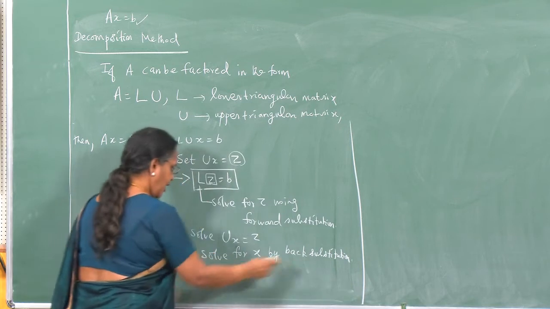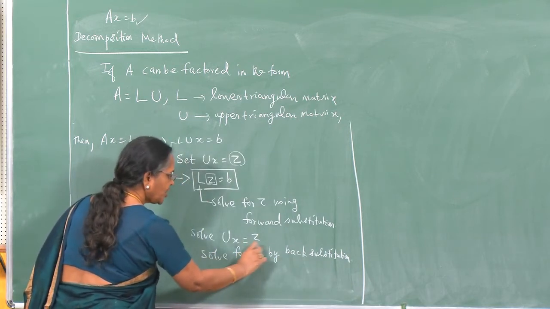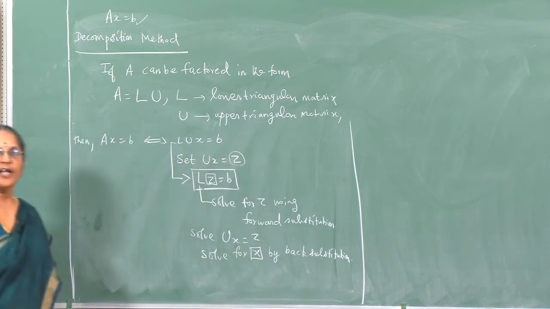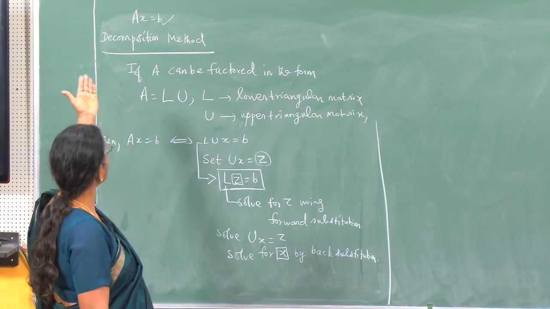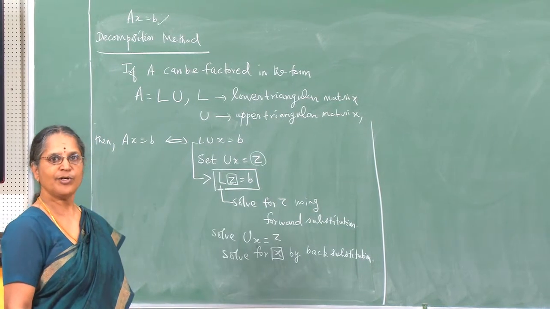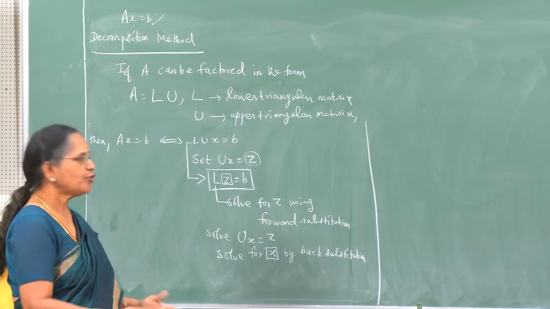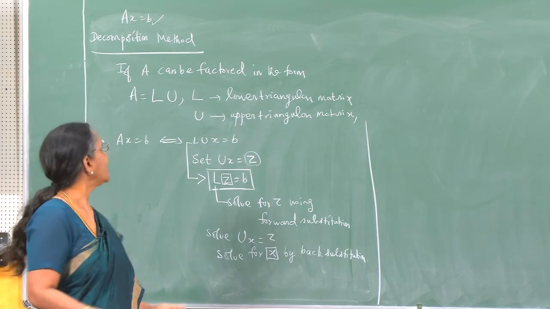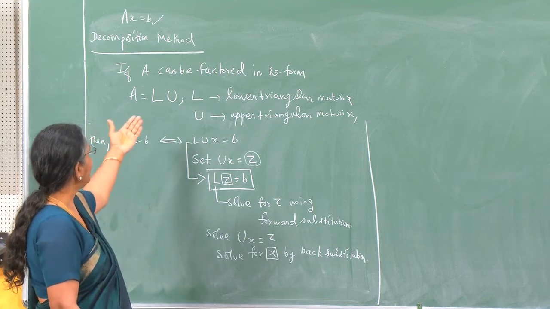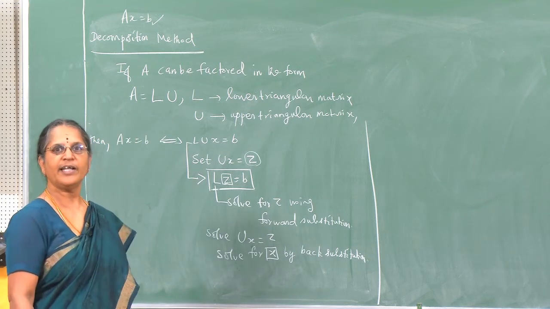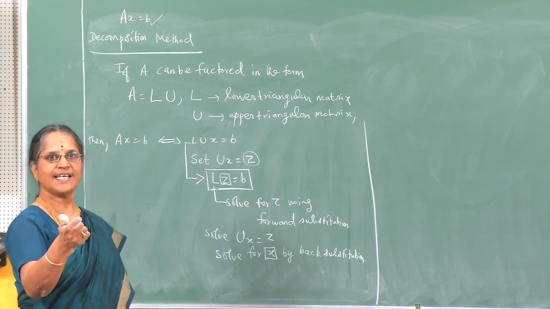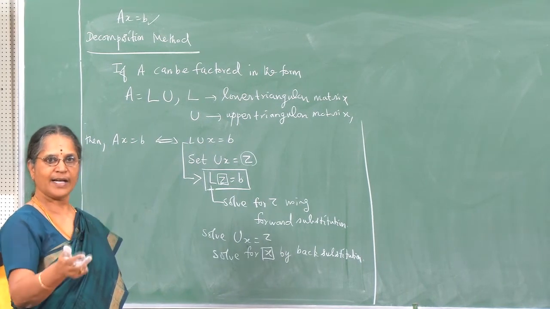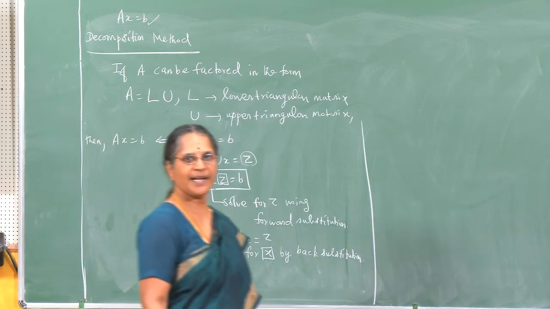So, what have you got? You now have the solution, namely the unknown vector x has been obtained, because you are asked to solve the system Ax = B. So, you should be in a position to factor the matrix A in the form LU, or decompose the matrix as a product of two matrices L and U, where L is lower triangular and U is upper triangular.